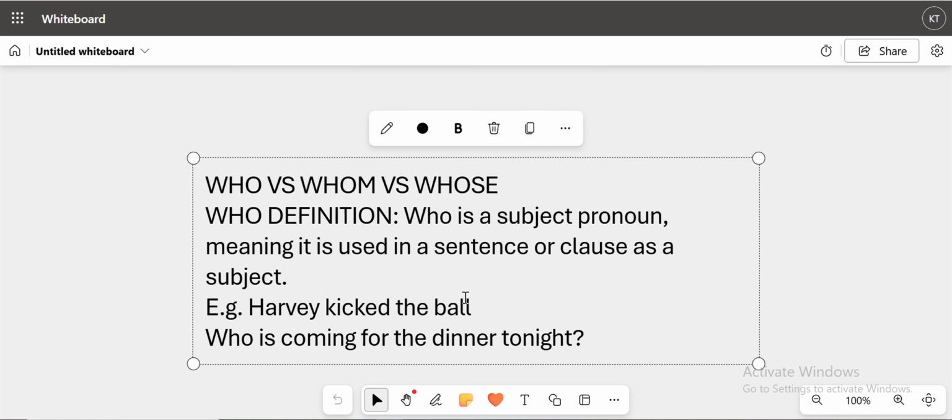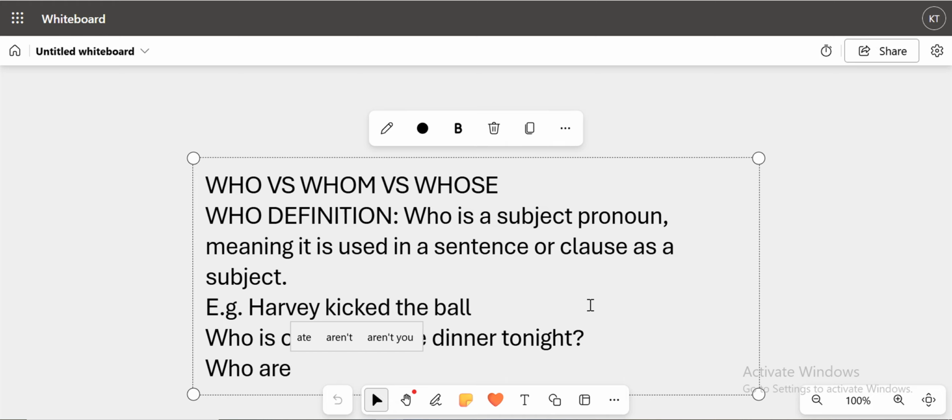Who is coming for the dinner tonight? And let's have another example. Who are you? Who are you? So this is a perfect example of where we can use who in sentences.